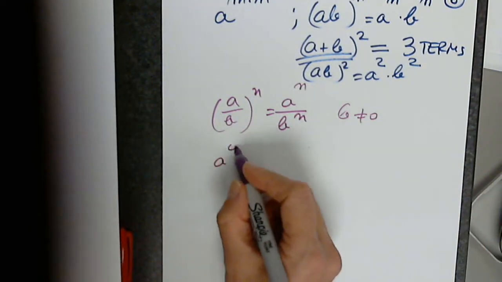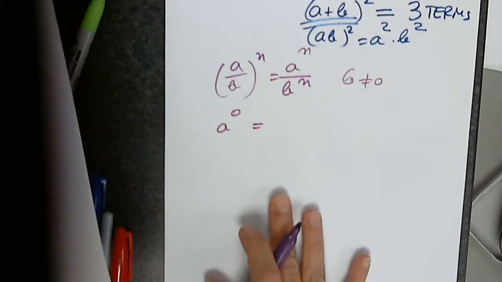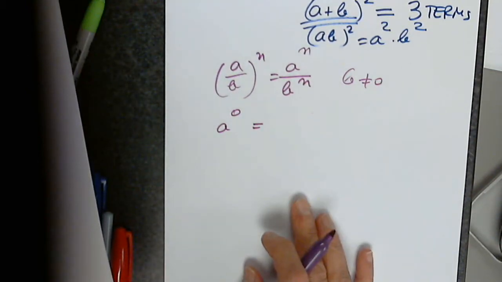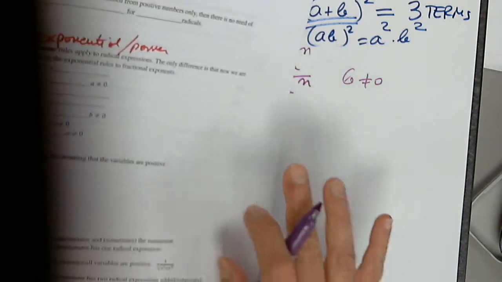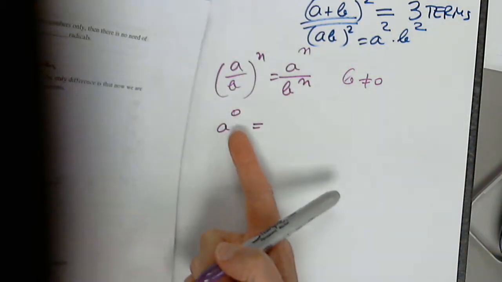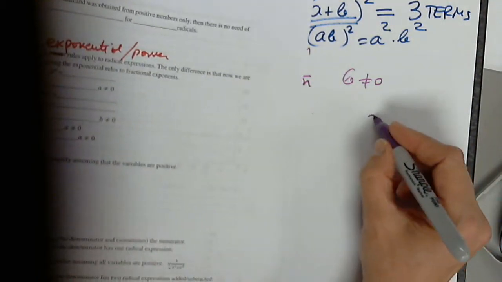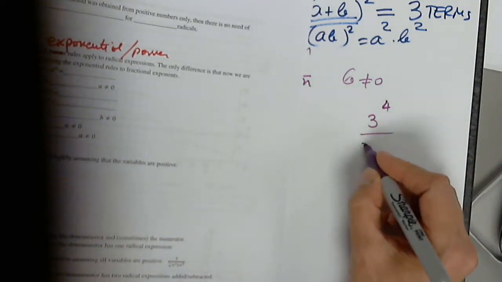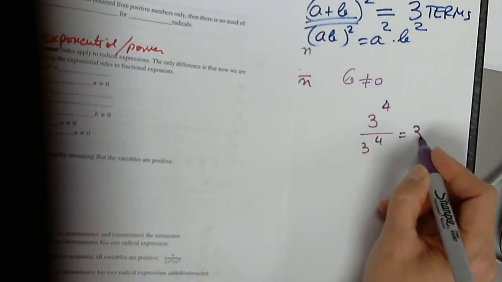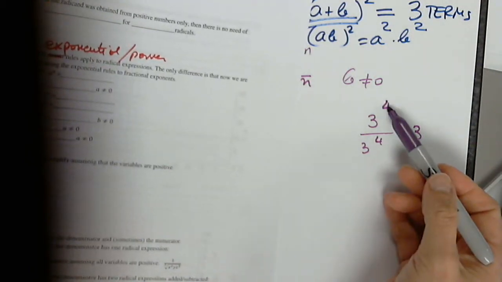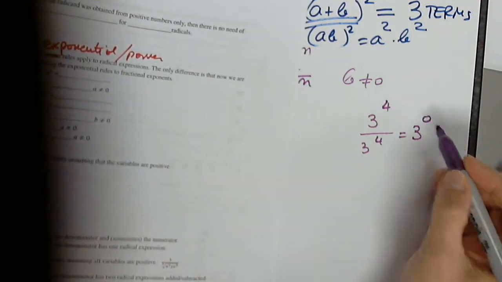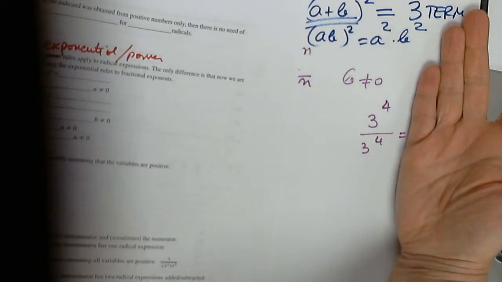What about a raised to 0? Careful. Don't say anything yet. So I want to create a raised to 0. Let's say 3 to the 4th power over 3 to the 4th power. I copy the base, and what is the exponent? 0, right? 4 minus 4, right? 0. But what do I know about 81 over 81?